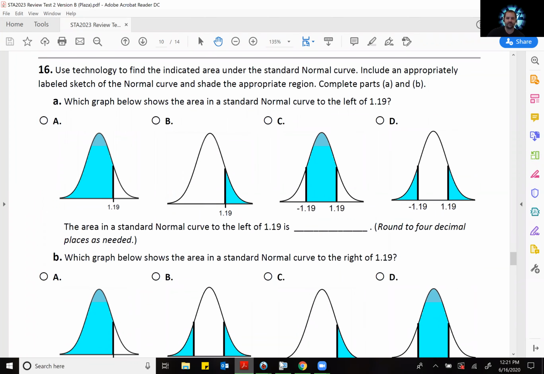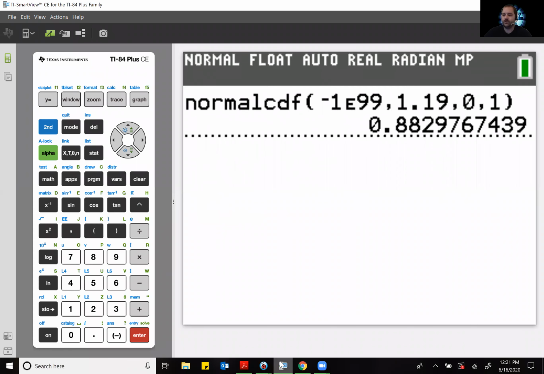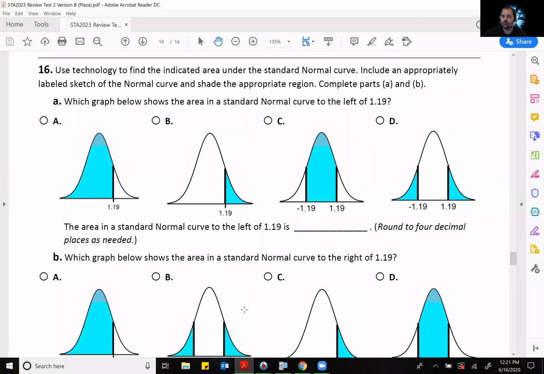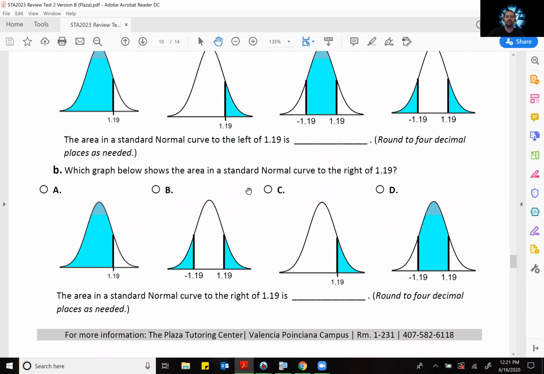Yep, 4 decimals. 0.8830. Yep, 0.883, and I would actually tack on the 0 to it. So 0.8830. All right.